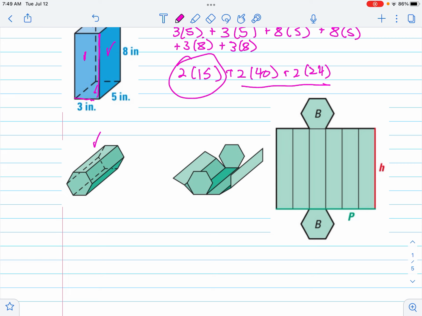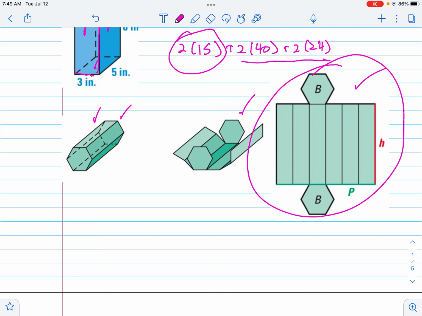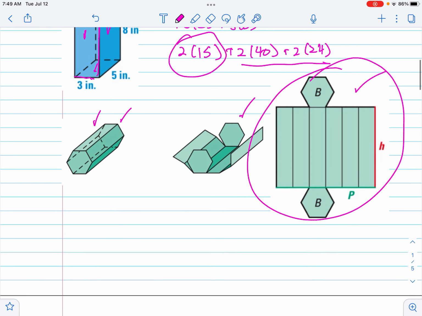Well, think about this. What if we unravel this prism? We take this, unravel it, and we get this thing, and we want to talk about the surface area of it.